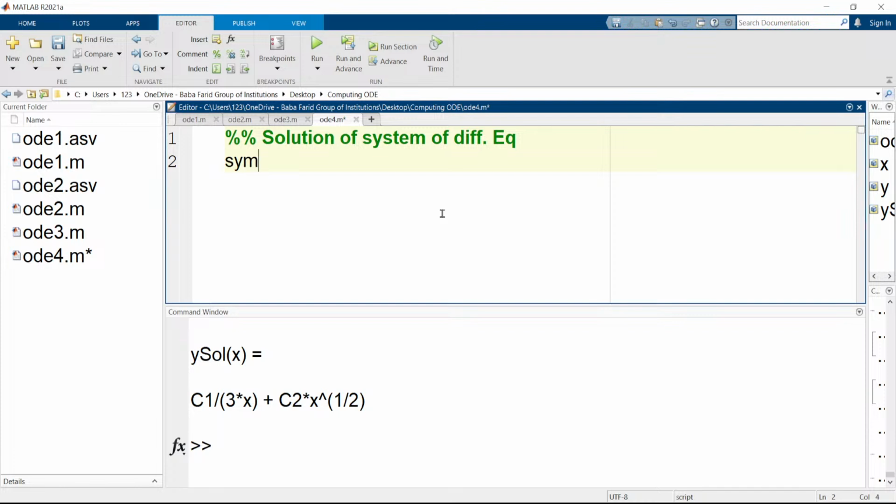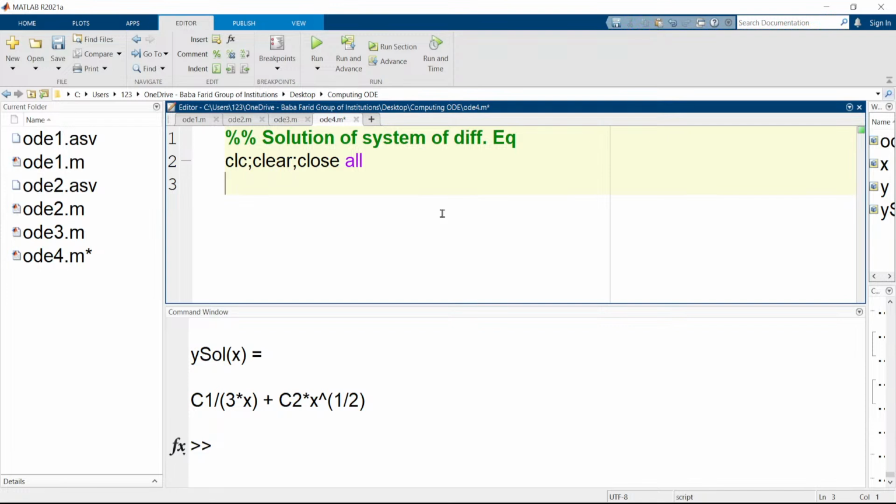So we are using syms, clc, then clear, and also close all. You can use close all. Yes, this is very interesting, and you must see and understand the code carefully, how I am doing all these things.